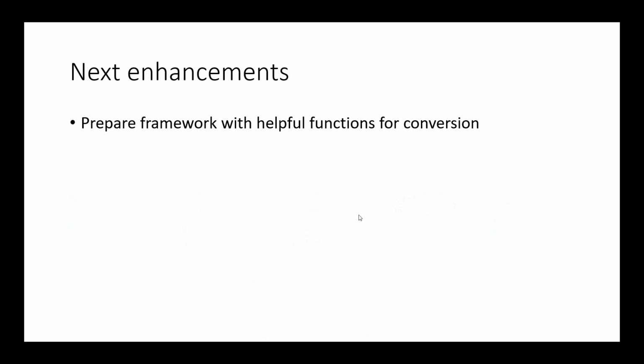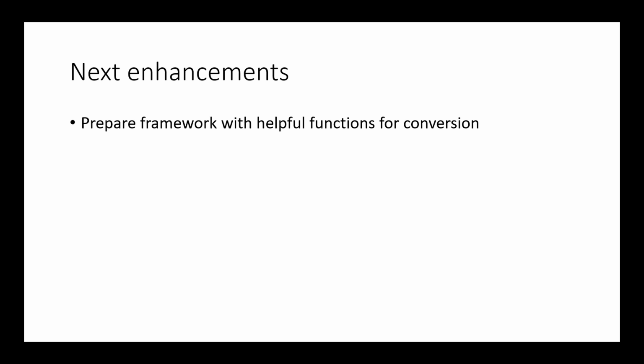That is basically it, all of the steps. And the next thing that maybe would be good for us to consider is to prepare a framework with helpful functions for conversion. So it will be available not for a concrete customer, but this framework will be available somewhere global for all customers in RCRT.